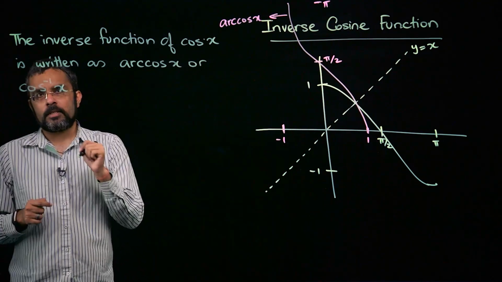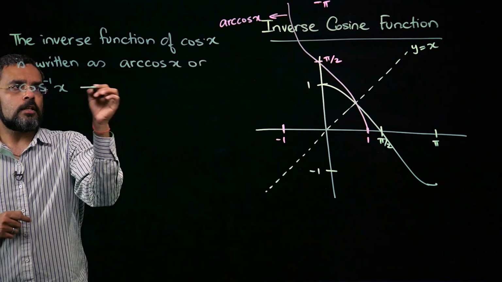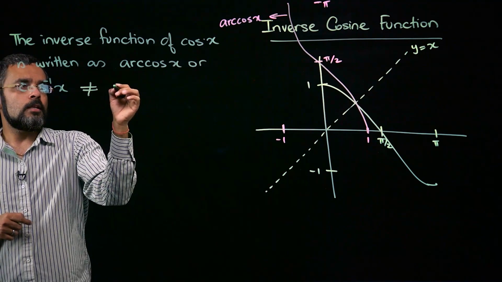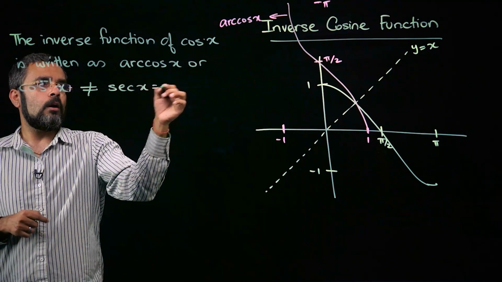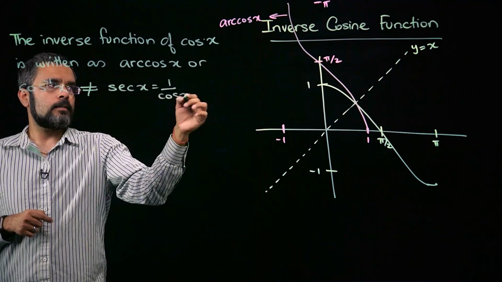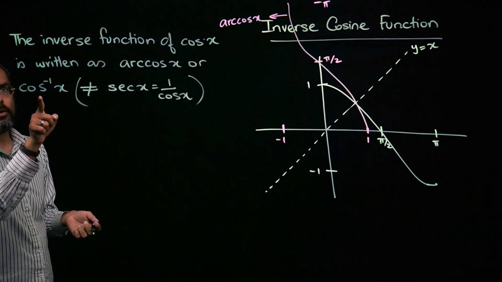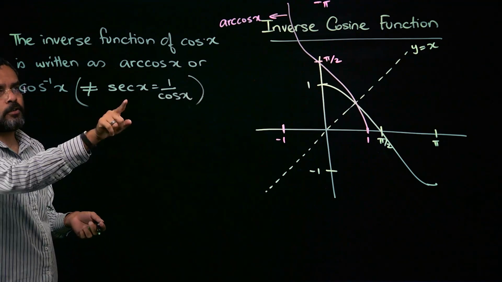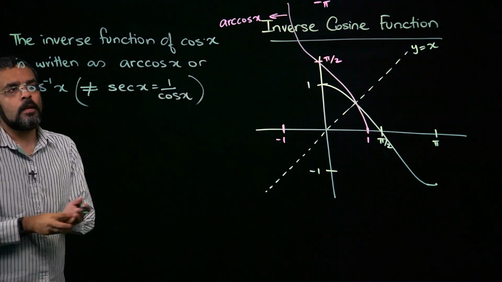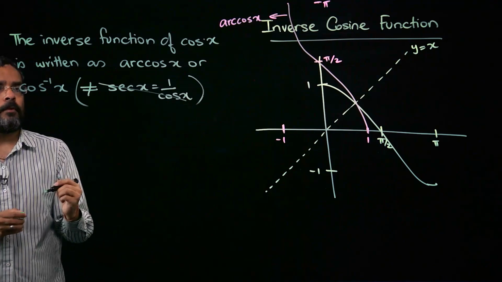And again, just like with sine, do not confuse this function. This is not equal to secant x or 1 over cosine x, right? Secant and cosine inverse are completely different functions, okay? So don't confuse them. So this is false, all right?